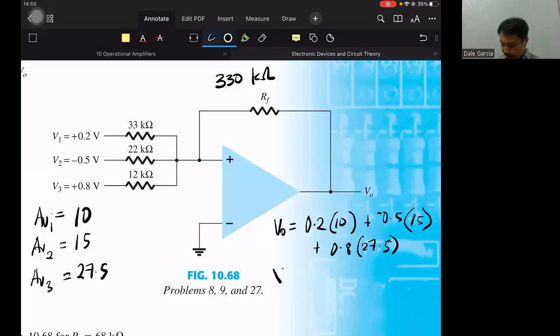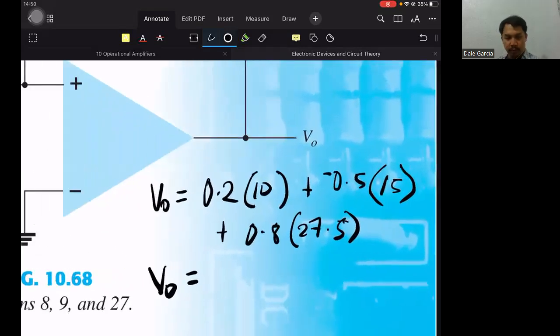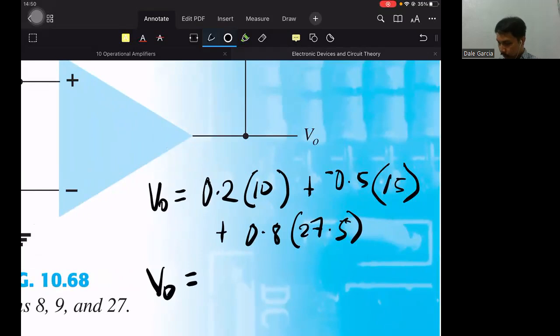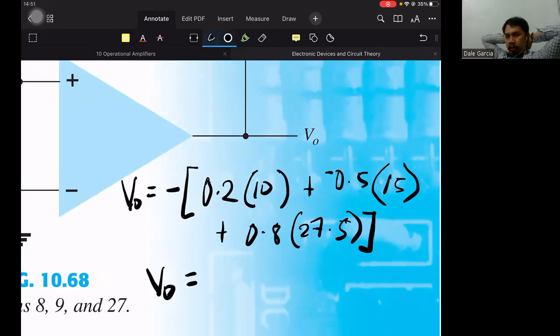The total answer is still negative in sign. So 0.2 times 10, minus 0.5 times 15, plus 0.8 times 7.5. Your answer? Negative 16.5, sir. Negative 16.5.